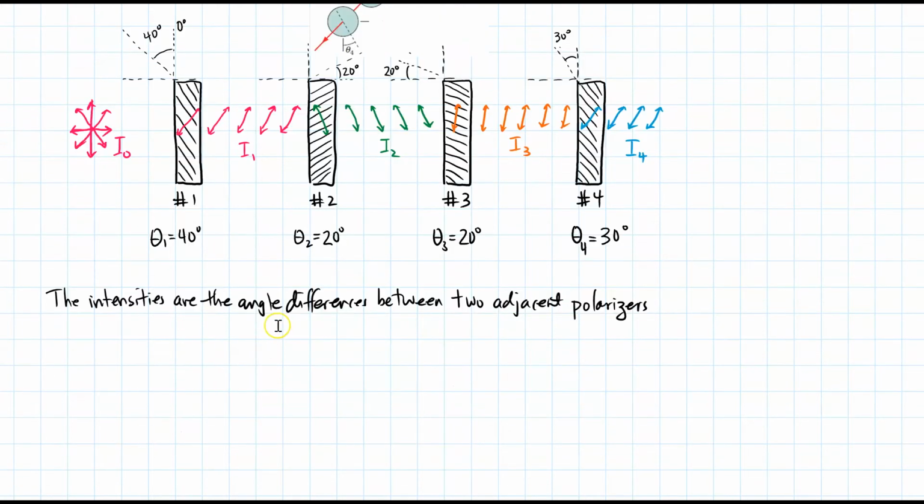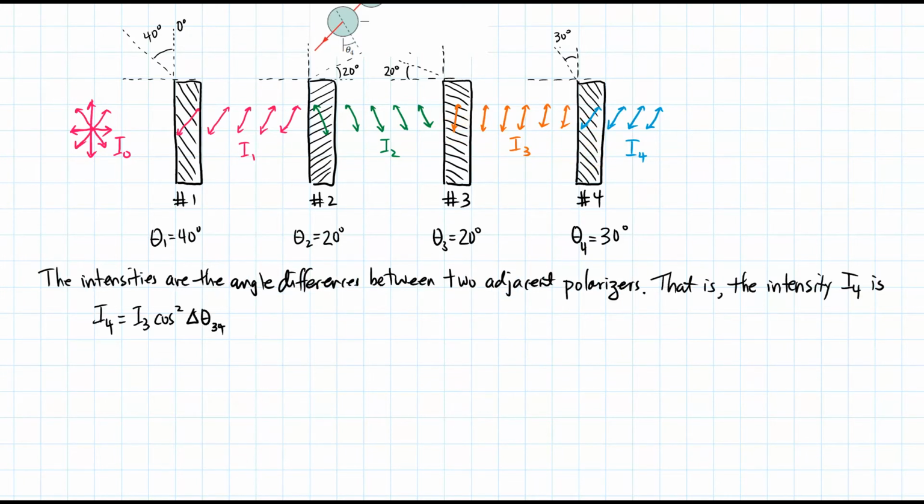The intensities depend on the angle differences between two adjacent polarizers. So when I look at the intensity at 4, it's the angle difference between these two that matters. That is, the intensity I4 is equal to I3 times cosine squared of the difference between the angles 3 and 4.